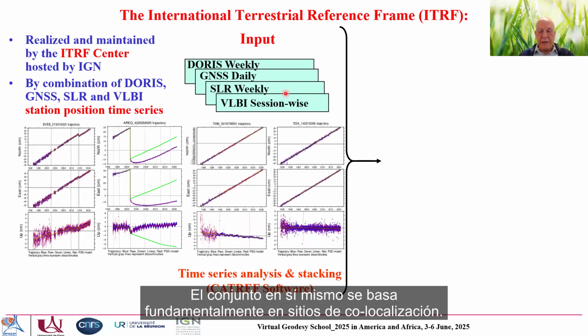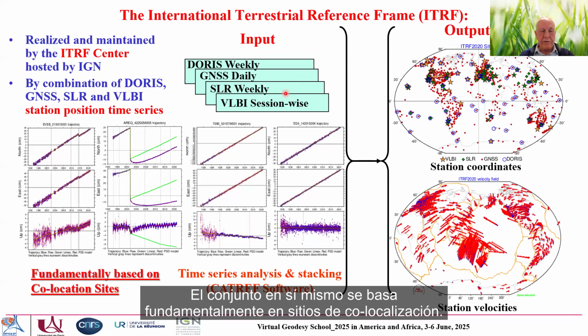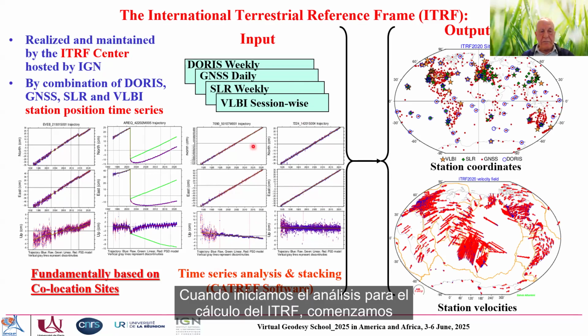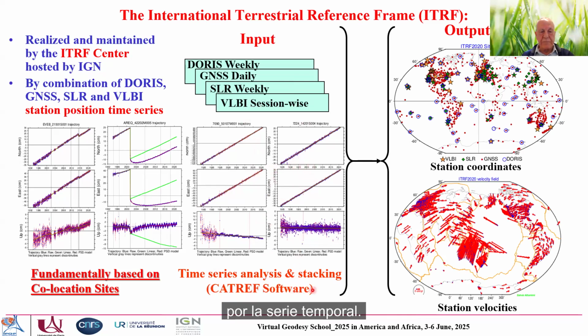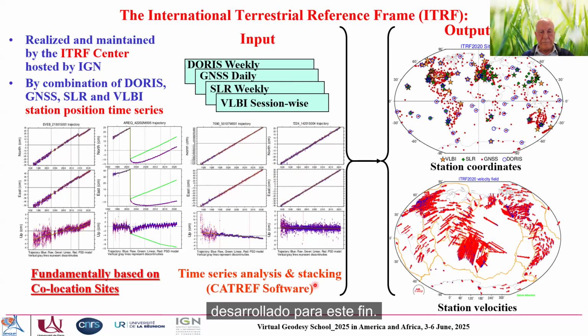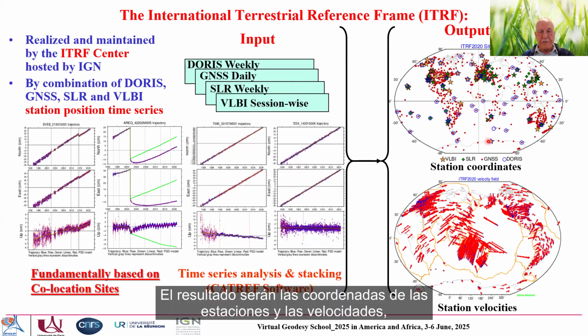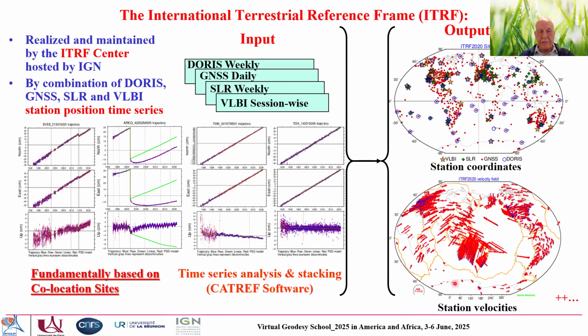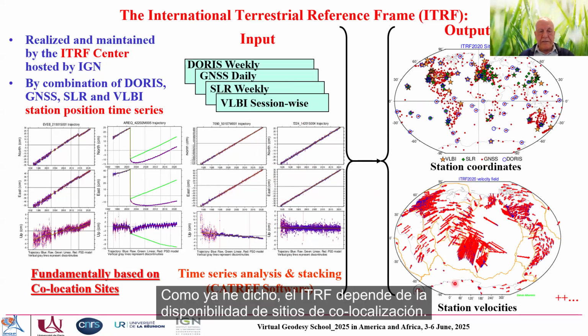The whole ITRF itself is fundamentally based on collocation sites. And when we start the analysis for the ITRF computation, we start by time series analysis and stacking using CATREF software that was developed for this purpose. So the output will be station coordinates and velocities, but also other parameters. As I said, the ITRF is dependent on the availability of collocation sites.